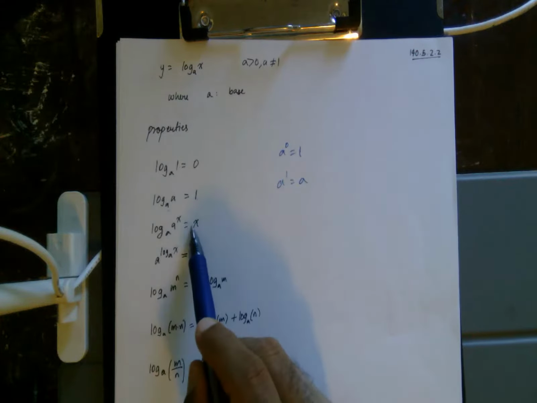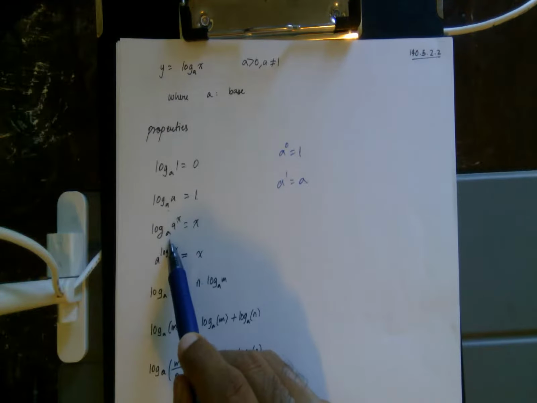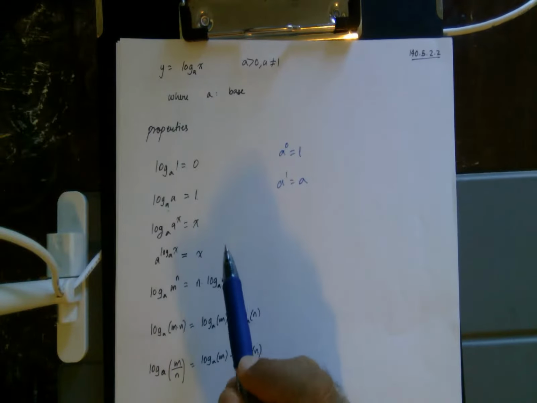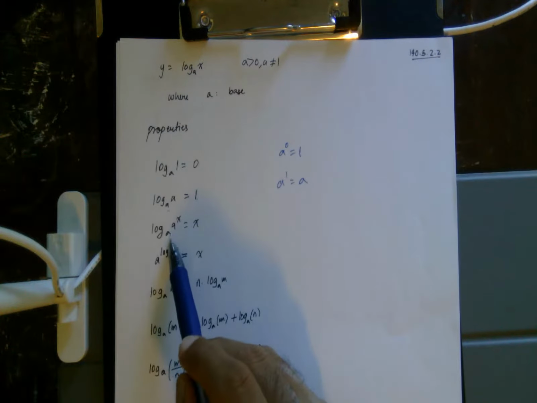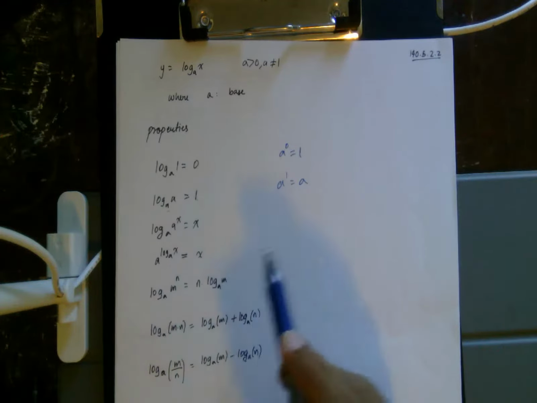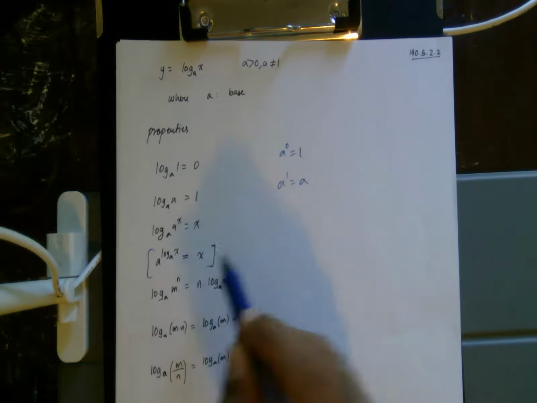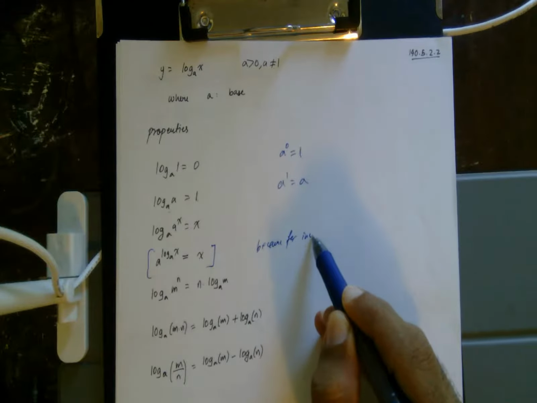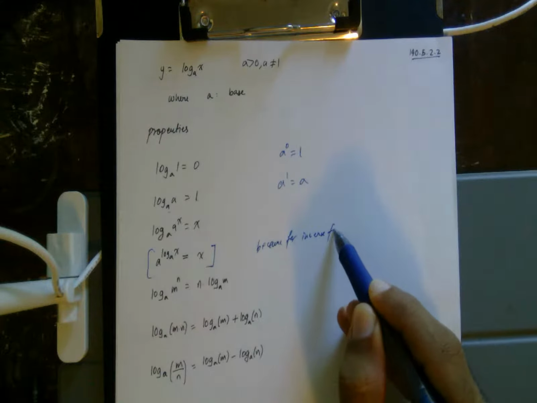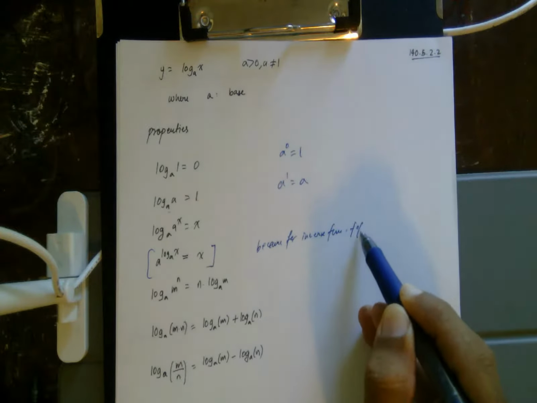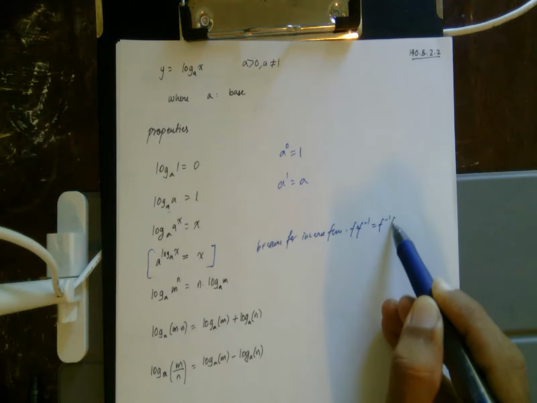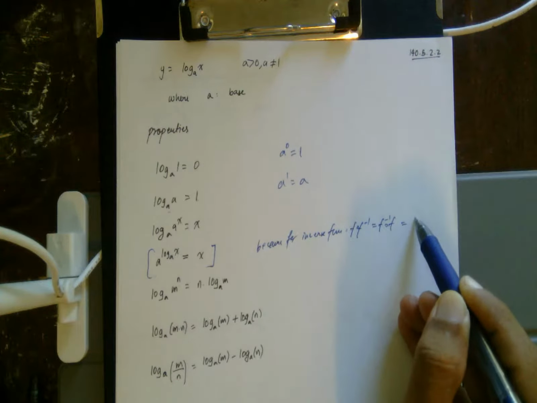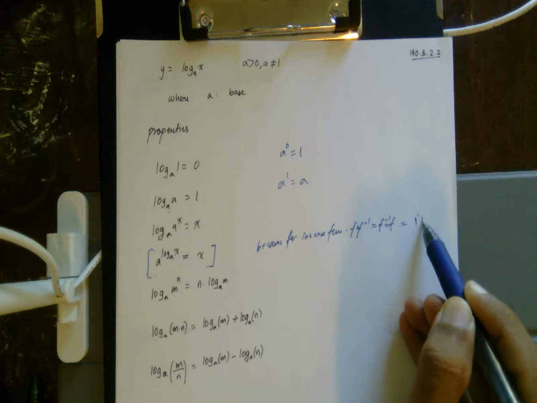An extension of this: log base a of a to the x is x, because you can just move this a over to get equality. This is because for inverse functions, we say f of f inverse is equal to f inverse of f, equals identity, right?